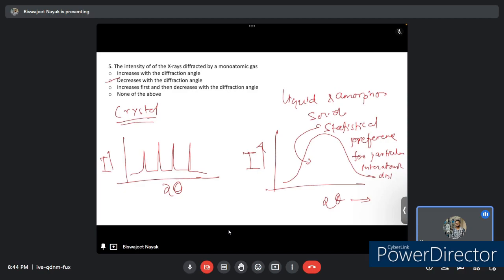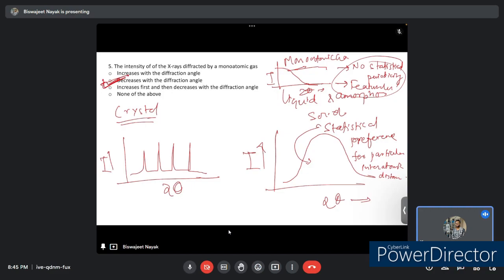And for a monoatomic gas, we get a decreasing curve when intensity versus diffraction angle is plotted, and this shows no statistical periodicity and is featureless. So here the answer will be decreases with diffraction angle.